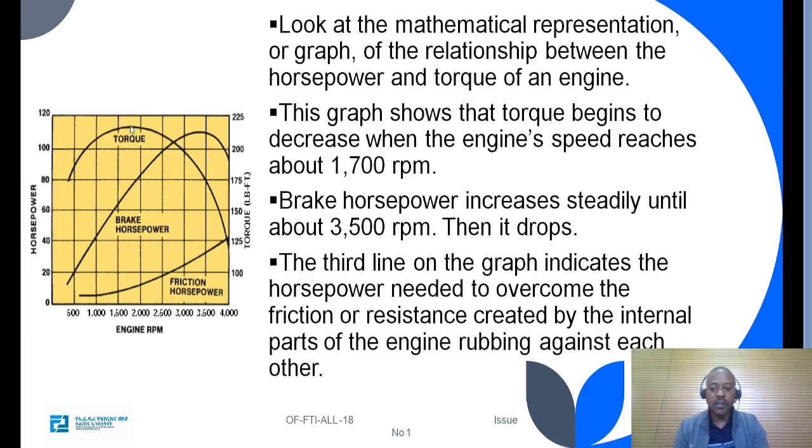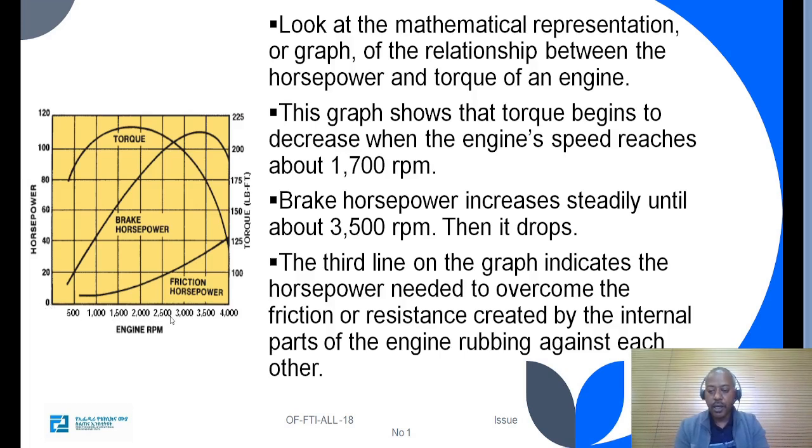Brake horsepower increases steadily until about 3500 RPM. After this, the brake power increases and then it decreases or drops. The third line indicates the friction horsepower needed to overcome friction or resistance created by the internal parts of the engine rubbing against each other.